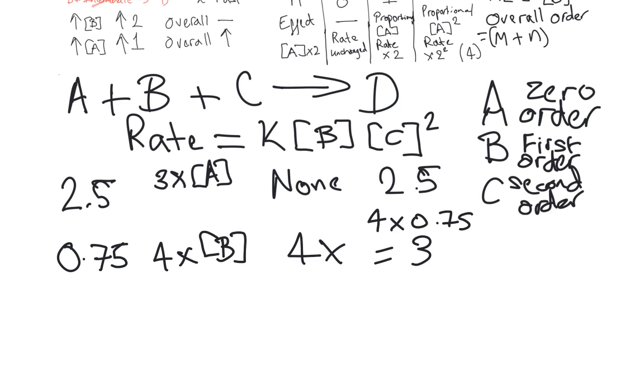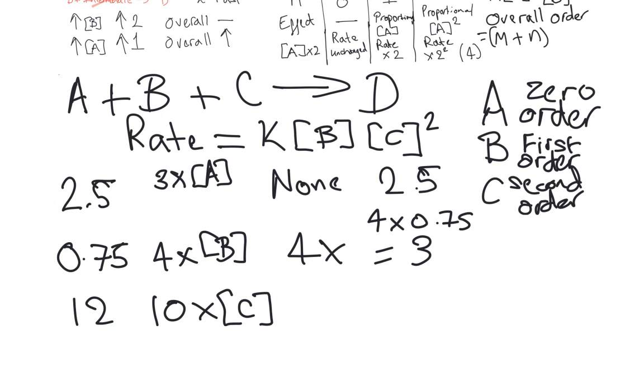Let's have a look at an example for C then. So they change the initial rate each time just to keep it fresh. I think 12, and they're saying in this case they're just changing the initial concentration of C and making it 10 times greater. So we're increasing the value of C by 10 times.